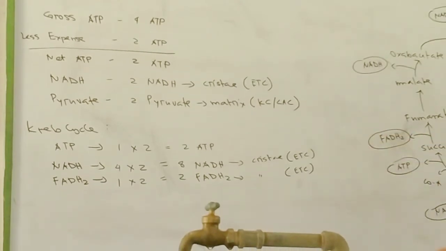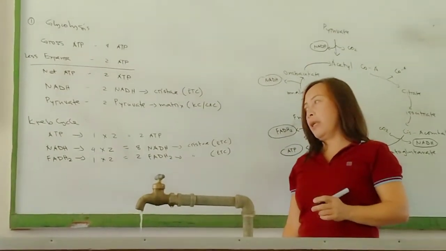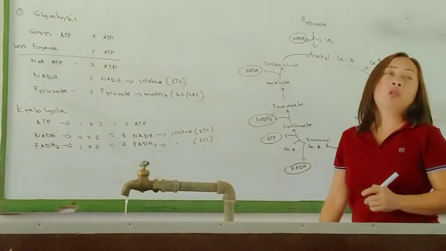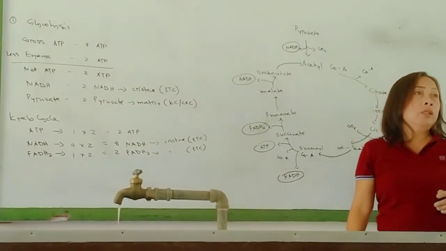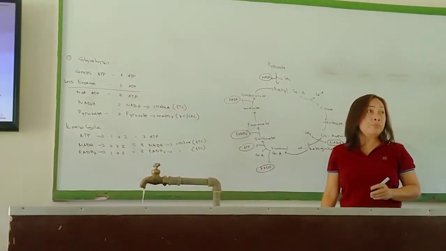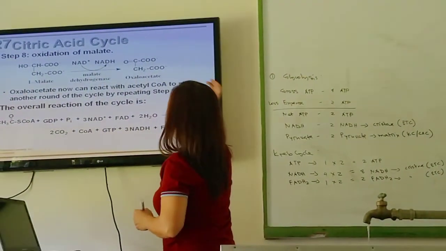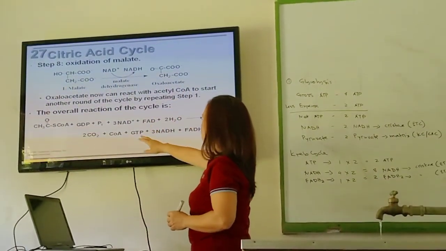But actually, this ATP can be used right away by the cell. We will compute later on what is really the total ATP that would be generated out of one glucose breakdown. Okay?